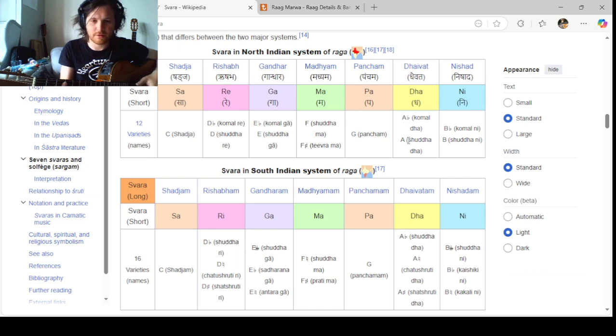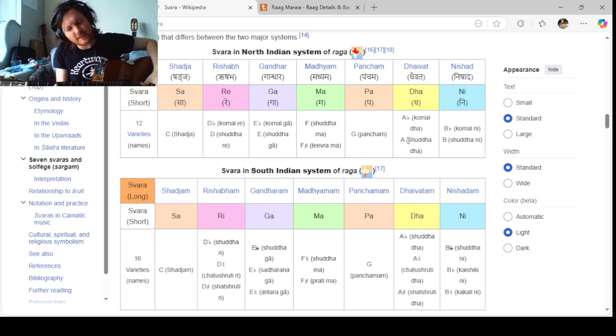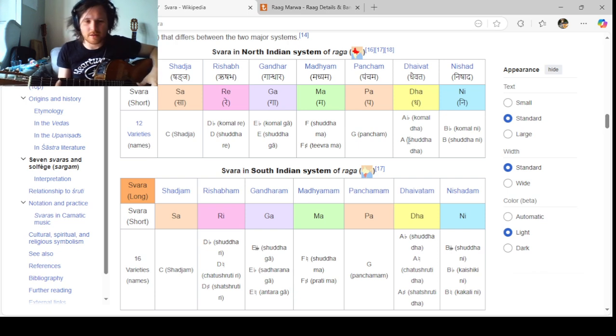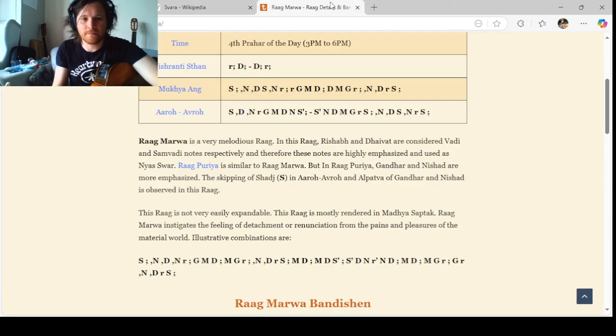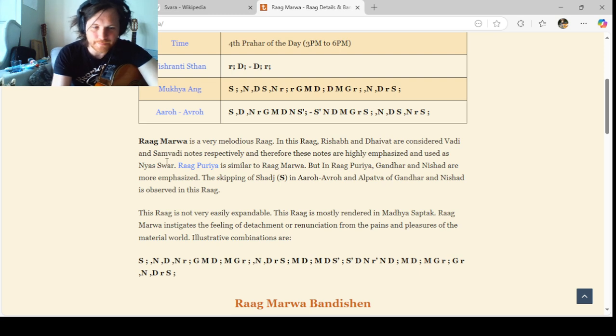Maybe it drops briefly and then goes back up to the D. Maybe it means that these notes are not actually used as much though. Maybe it means that they are rarer and then therefore highly emphasized and used as nyas swar. Nope. No idea.